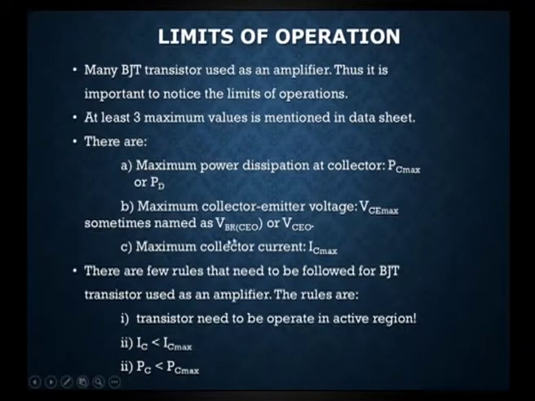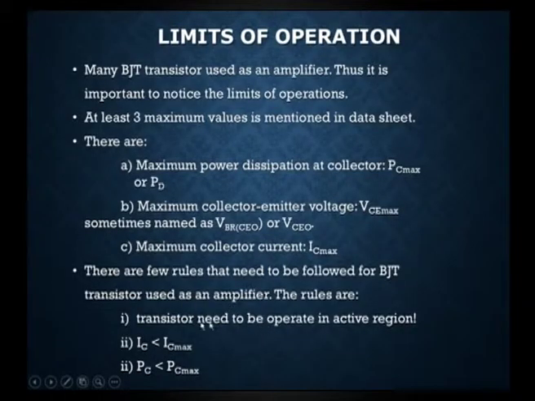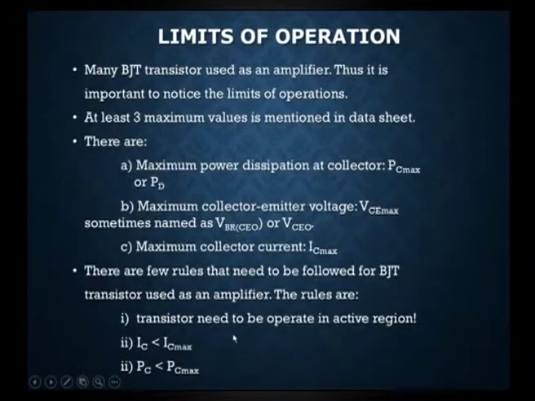There are a few rules that need to be followed for a BJT transistor used as an amplifier. The transistor needs to be operated in the active region always. From all the characteristics that we studied for common emitter, common base or common collector, the active region is where it will always operate as an amplifier.